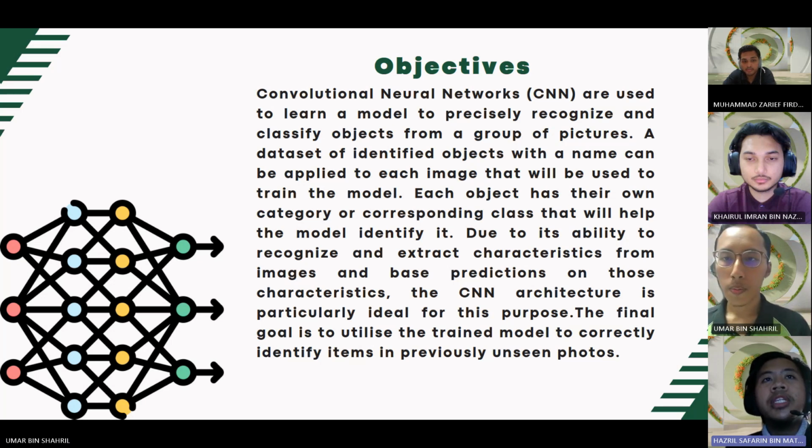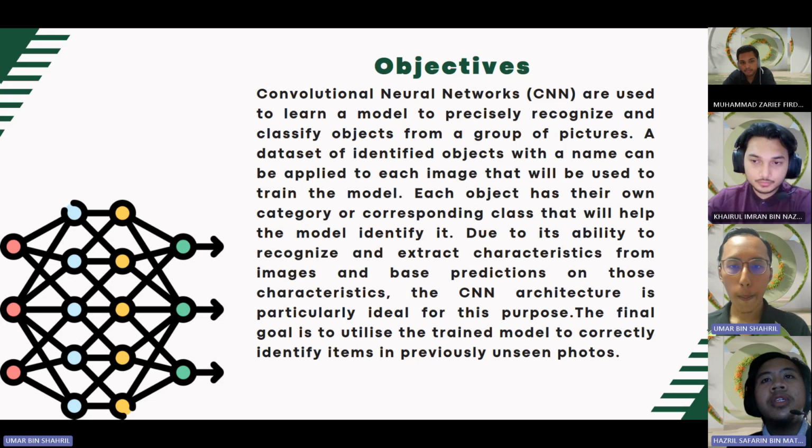Due to its ability to recognize and extract characteristics from images and base predictions on those characteristics, the CNN architecture is particularly ideal for this purpose. The final goal is to utilize the trained model to correctly identify items in previously unseen photos.